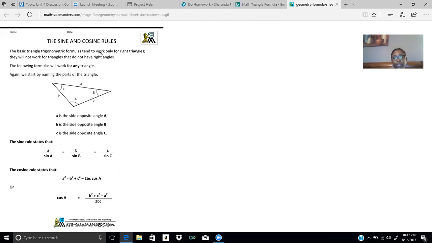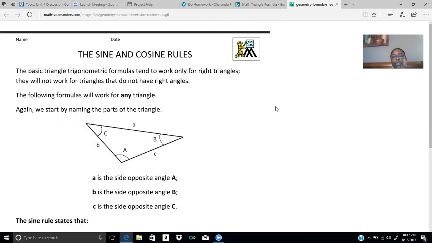So this is going to be very useful for you. The cosine rule states that a squared is equal to b squared plus c squared minus 2 times b times c times cosine of angle A. So this is all multiplication right here. If you notice here, all they did was manipulate this equation to solve for cosine A.